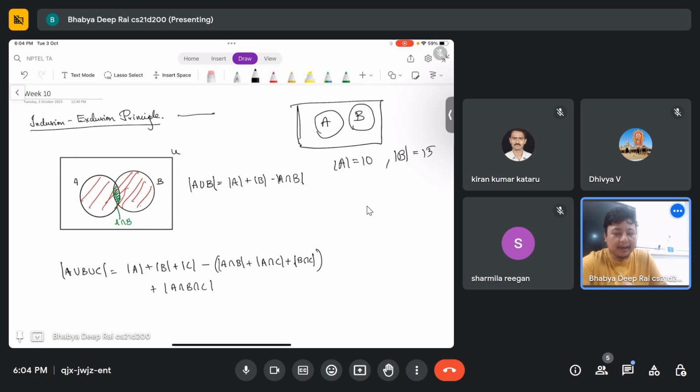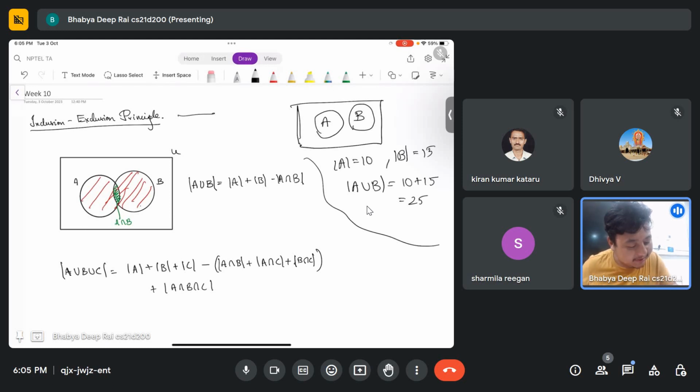Then if I ask, what is the total number of elements in A or B, or in other words, what is the size of A union B? Then of course, you'll just say, it's 10 plus 15, which is 25. You will directly say that.